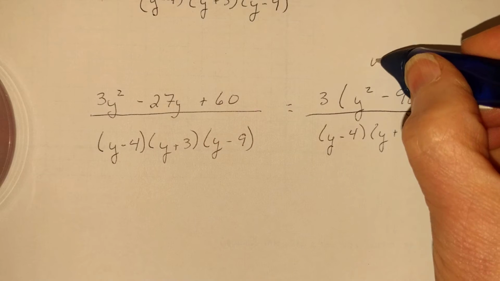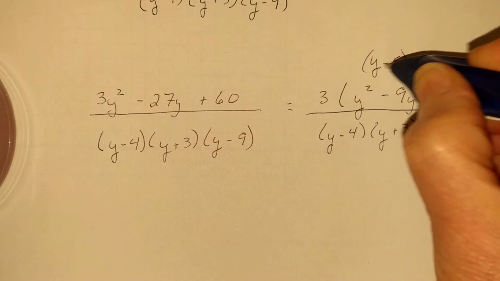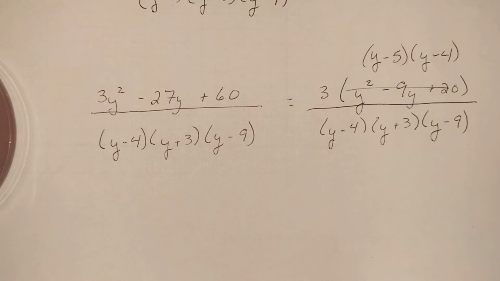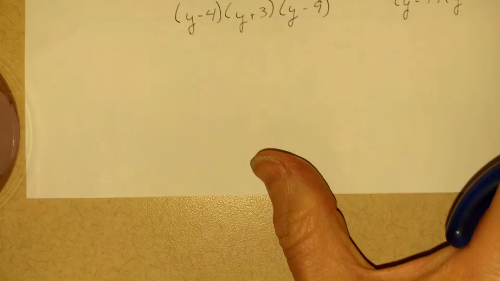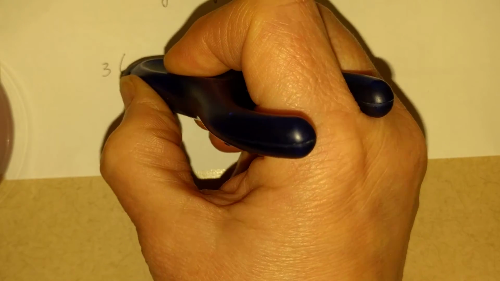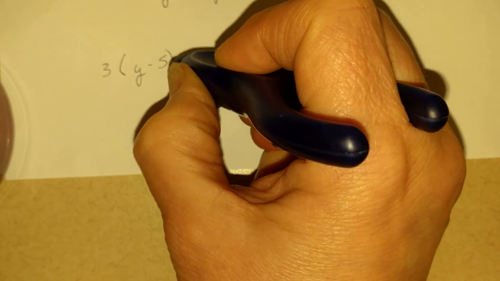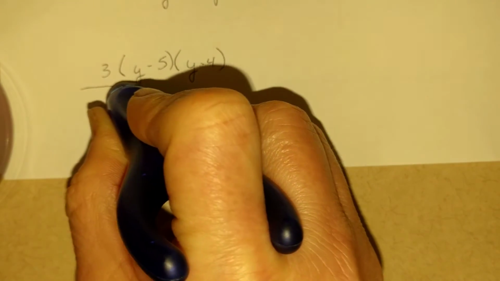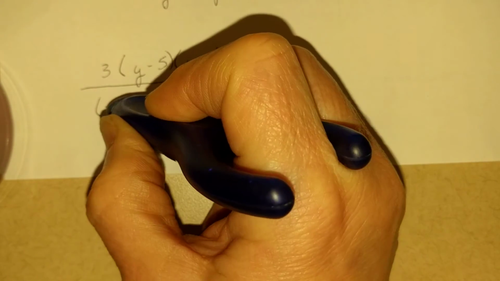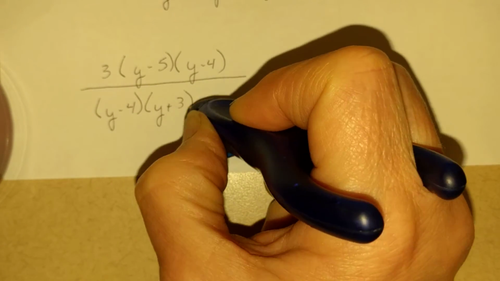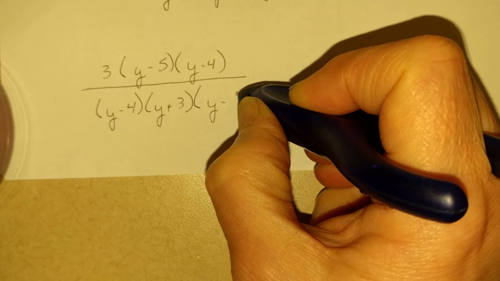It's going to give me y minus 5, y minus 4. And again, I'm going to rewrite it so it's neat. 3 times y minus 5 times y minus 4. That's my numerator, over y minus 4 times y plus 3 times y minus 9.